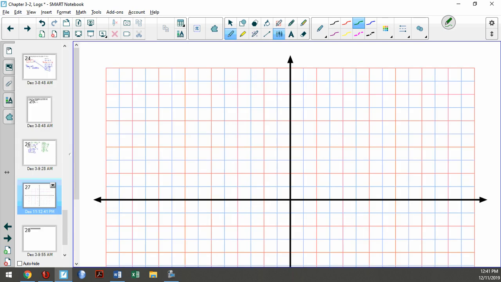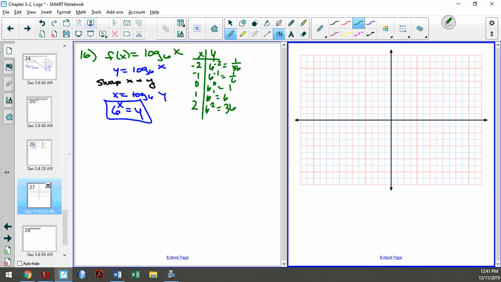Now that means if I were to graph this, I would be graphing 0, 1, then -1 and 1/6, -2 and 1/36. Do we see that green exponential function, yes or no?